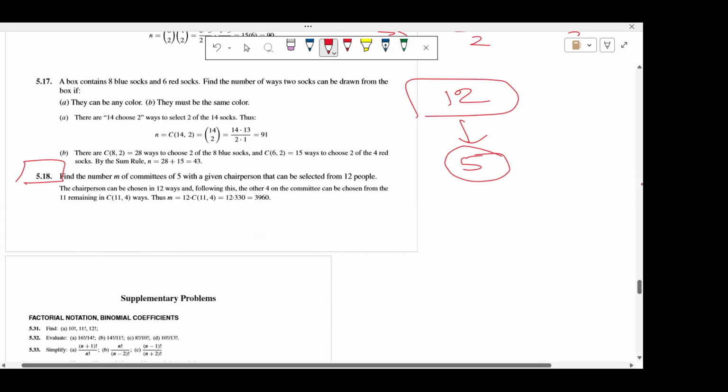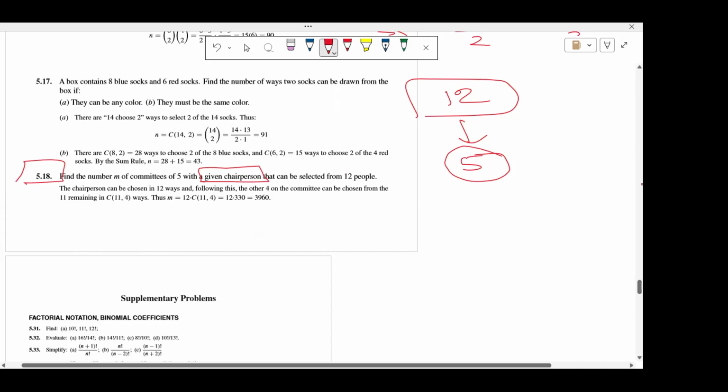So now they are telling, with the 5 people, a given chairperson. What do you mean by the given chairperson? It means for this committee of 5 members, they are giving one chairperson for this committee.